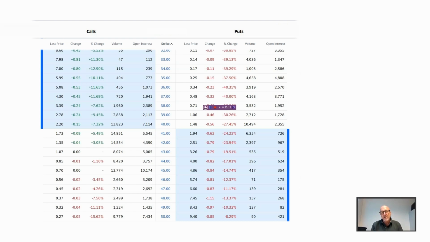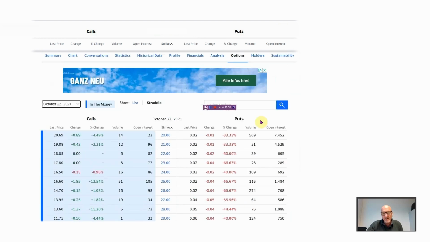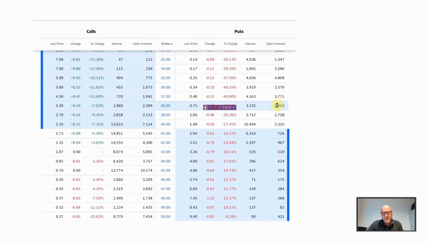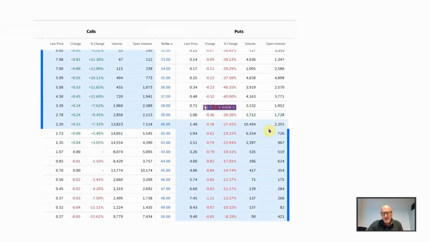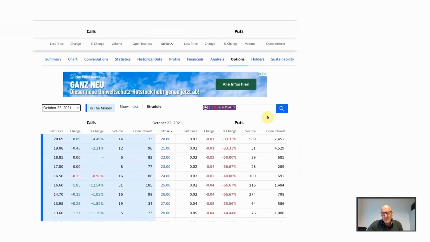So I'm going to throw out a concept, and this is just for fun and theory. Let's say, since I'm an experienced option seller, I'm a big whale, and I have billions of dollars in my account. So what would happen? Let's look at the open interest on 40. There's 2,355 currently open.